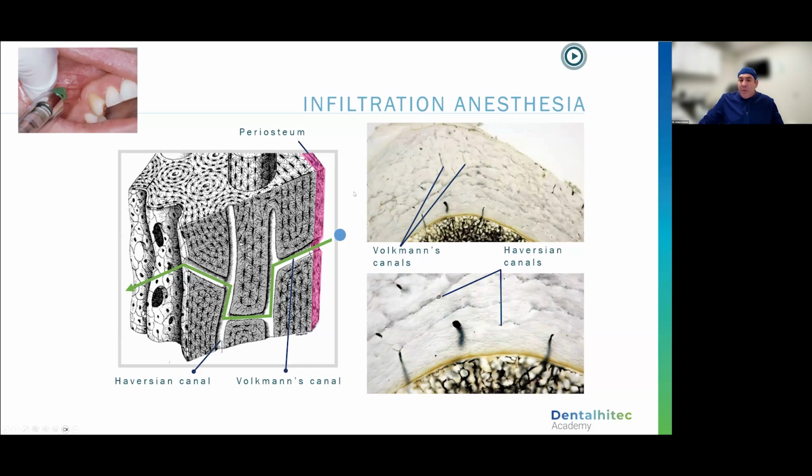And what happens along the way? Because we're giving that bolus of local anesthetic on the outside of the periosteum, all the other anatomy that is there, the lips, the cheek, the tongue, is also getting numb. That's where collateral numbness is occurring, because if you're going to give an infiltration, there's no way to not have numbness of the lip.